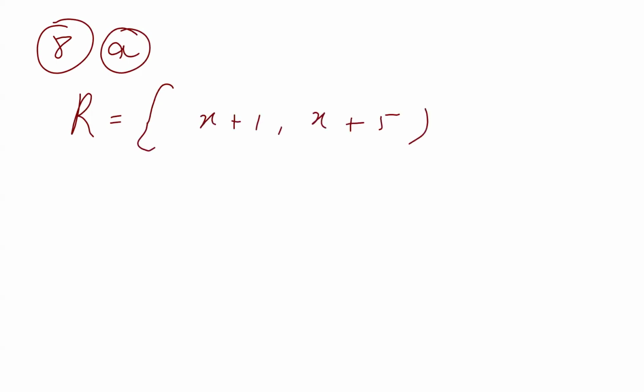Question number 8, sub question A. So R has the ordered pairs (x plus 1, x plus 5), such that x belongs to {0, 1, 2, 3, 4, 5}.